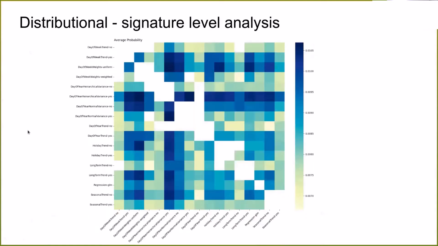So what we can do alternatively is plot a heat map against the entire implementations. This shows the average probability allocated to models that contain 2 arbitrary implementations.